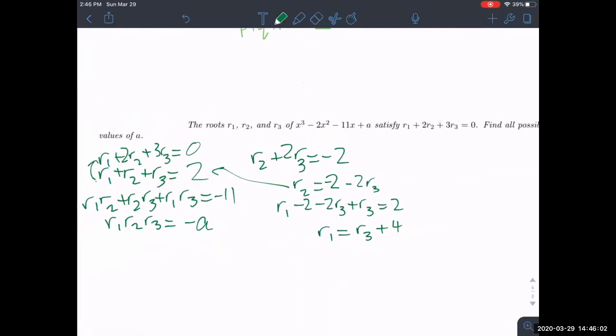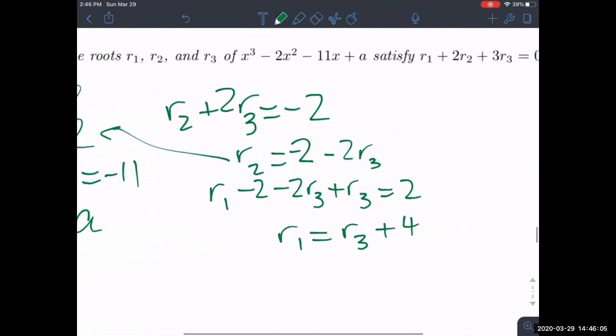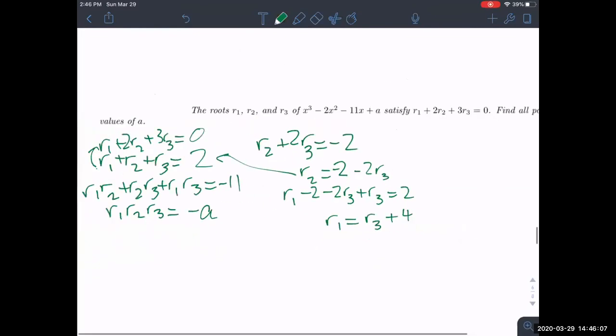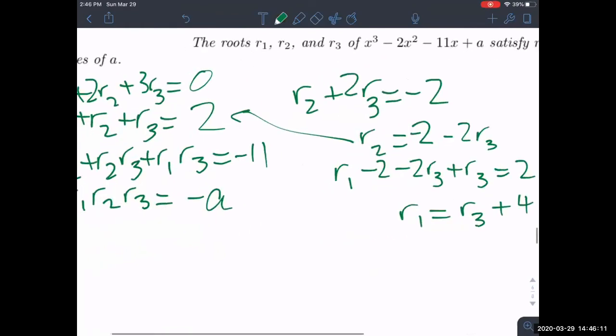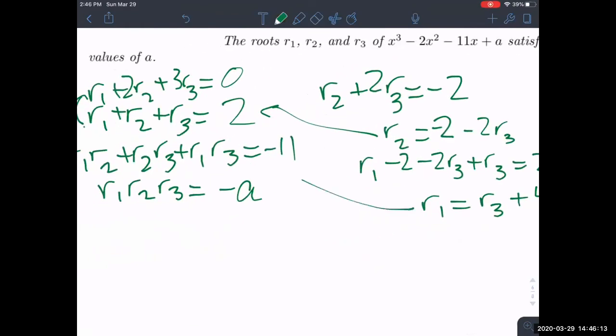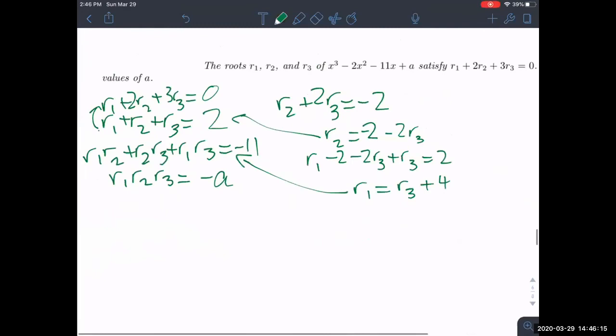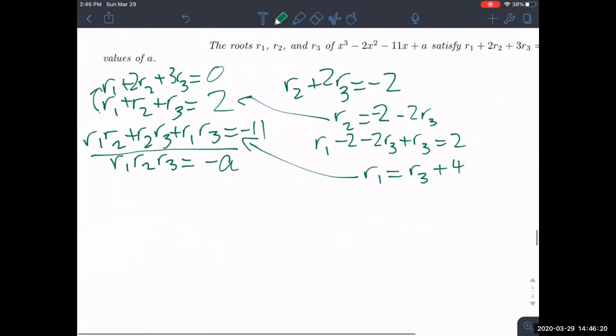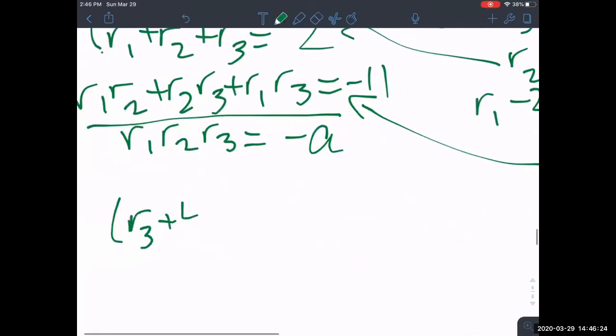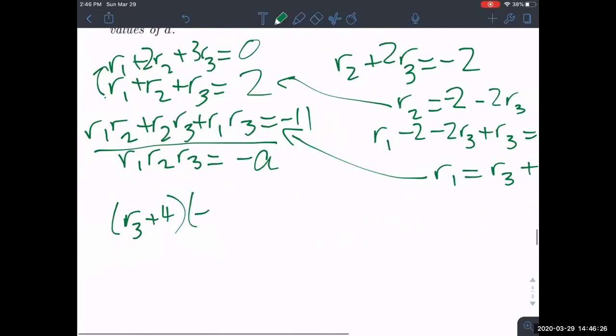So now we have an expression for R1 in terms of R3 and R2 in terms of R3. So let's use the equation that we haven't used yet, and that'll be this third one. This is going to be a pretty big algebra bash.